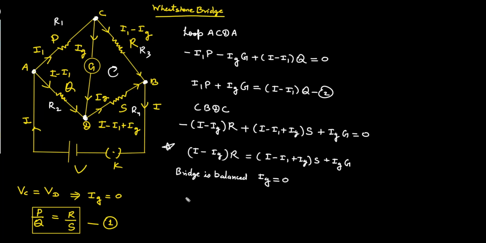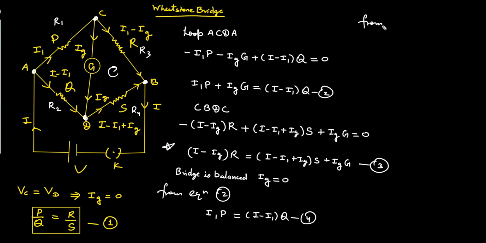If Ig is 0, now from equations 2 and 3, first from equation number 2, I will write I1P equals I minus I1 into Q. Let's say it is equation number 4. Same way from equation number 3, I1R equals I minus I1 into S. Let's say it is equation number 5.